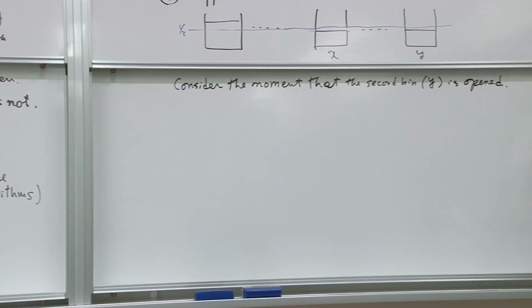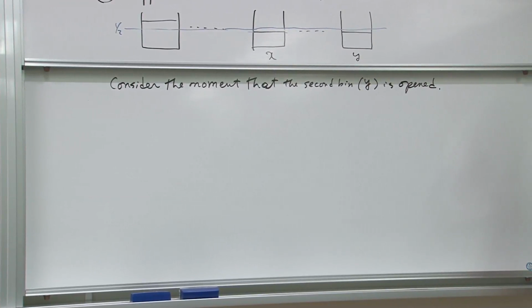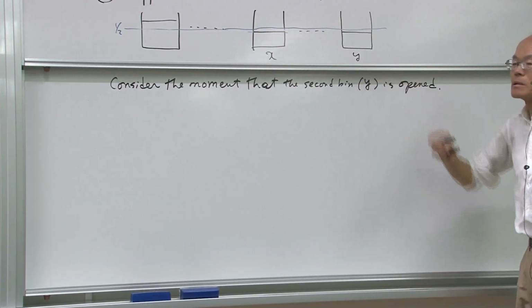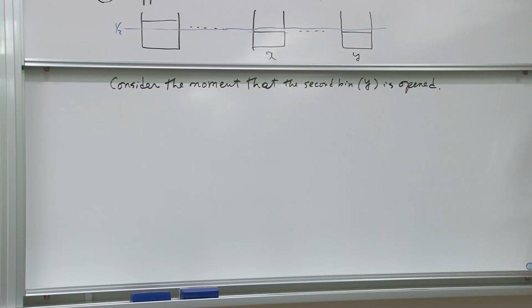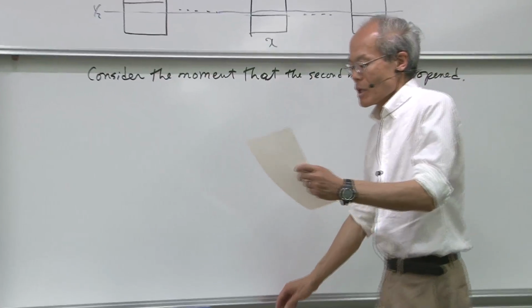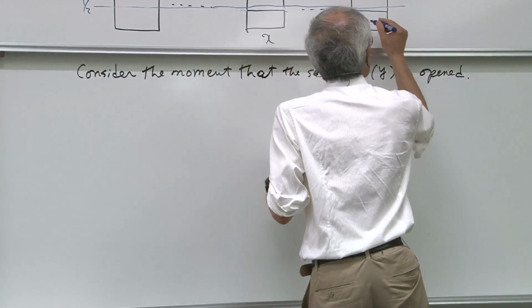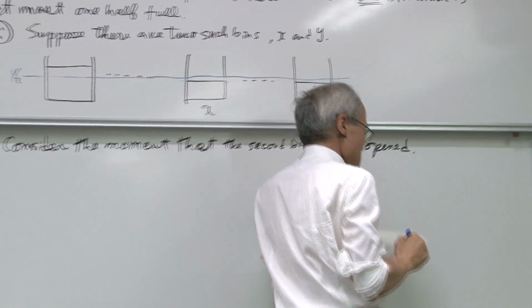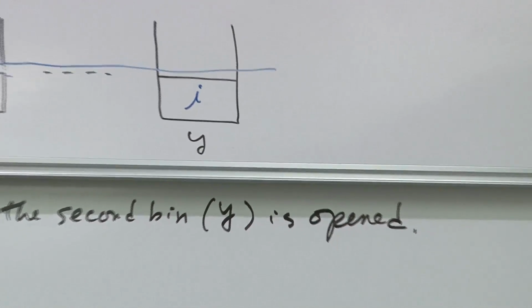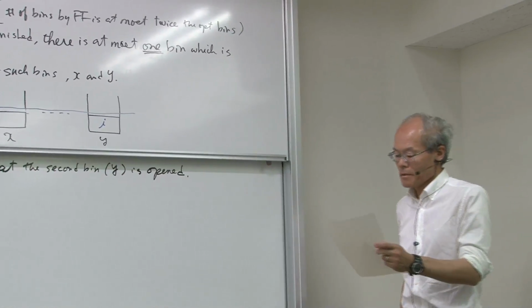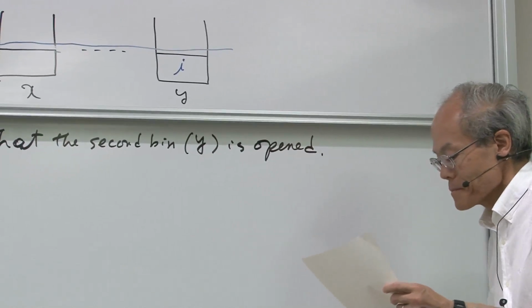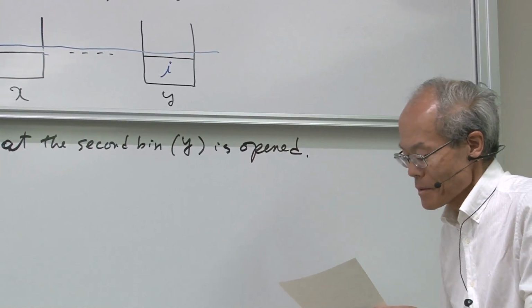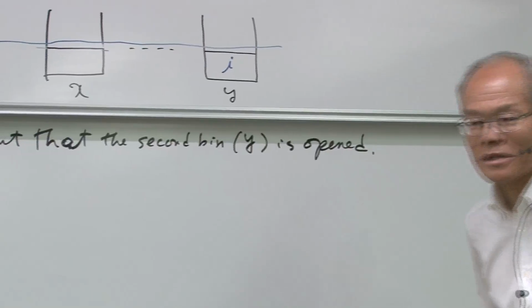Now consider the moment when the second bin, namely Y, is opened. Some item I comes to this new bin. But this is a contradiction.